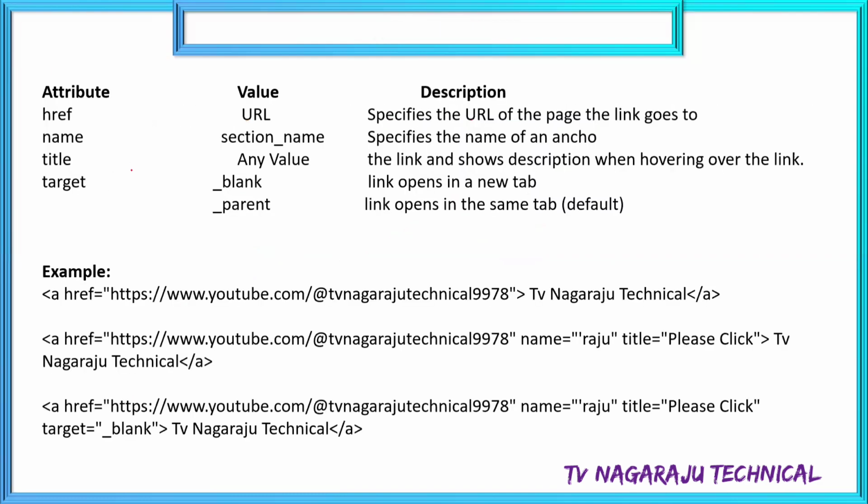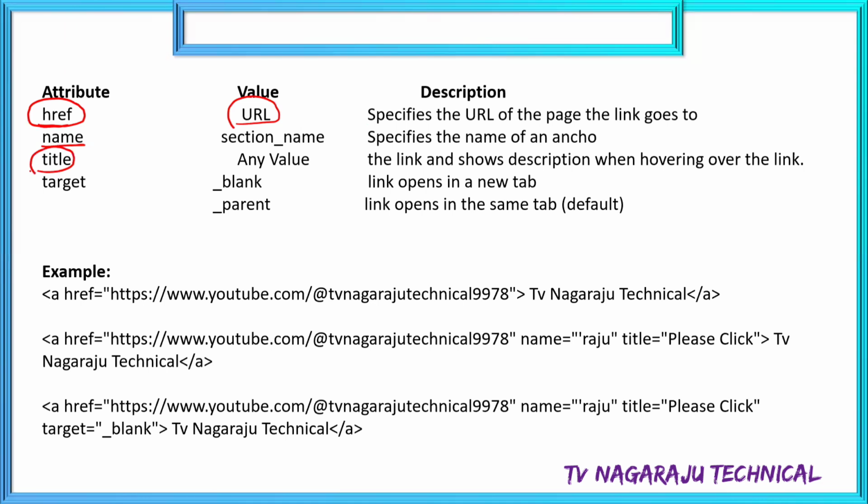What are the attributes? Href. This is the attribute which is used to provide linking. Href simply takes the URL where we are going. The name attribute is for JavaScript validation purposes.